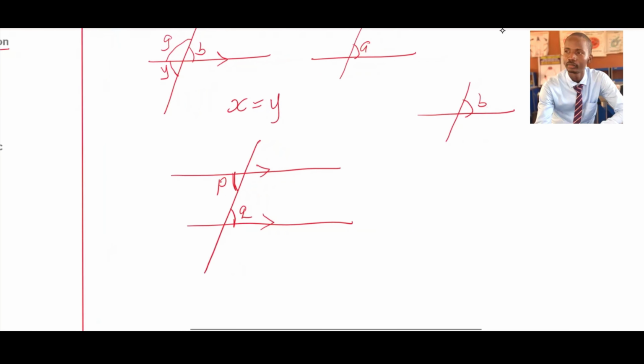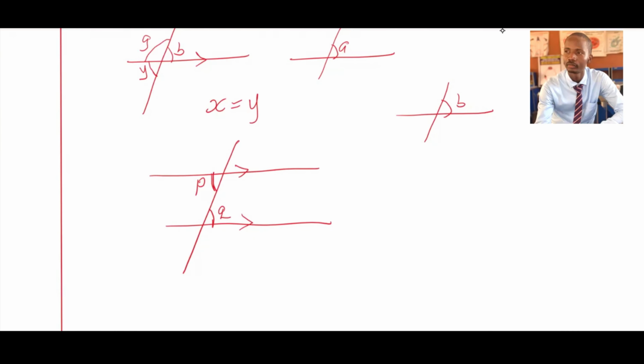One thing you should know about alternate angles is that it appears like the letter Z. So something like this. It may be in this direction, or it may be like this. When you see this, don't forget these lines are parallel. It may come this way. So this angle here is equal to this angle.